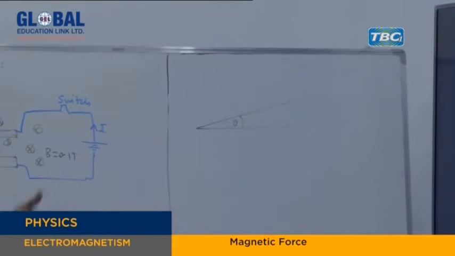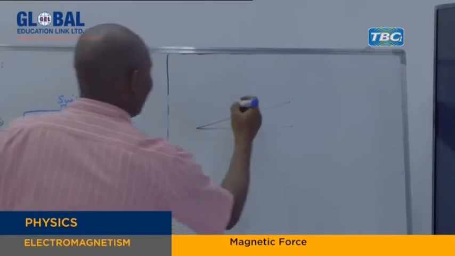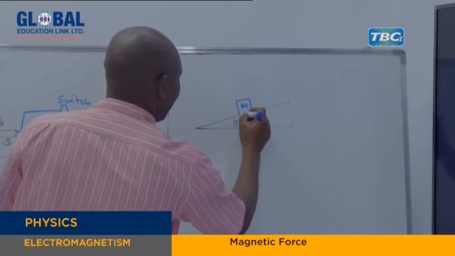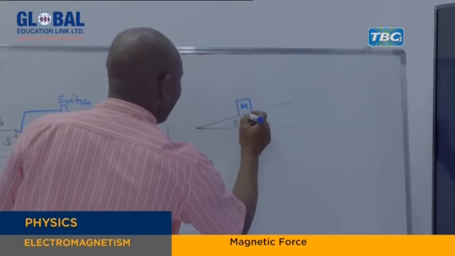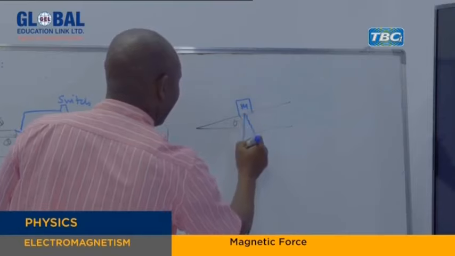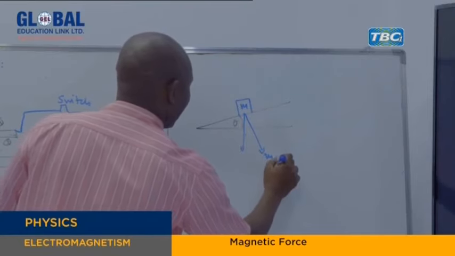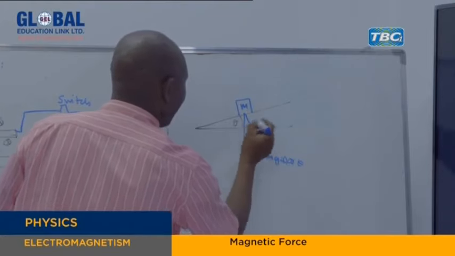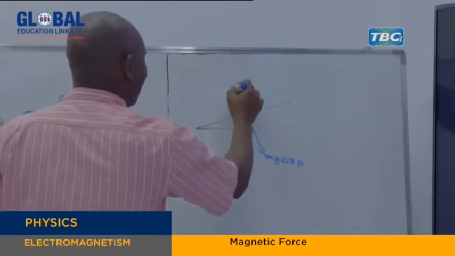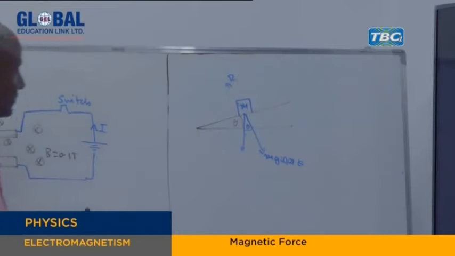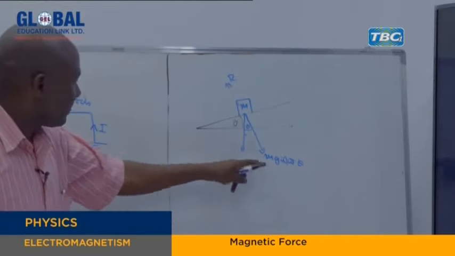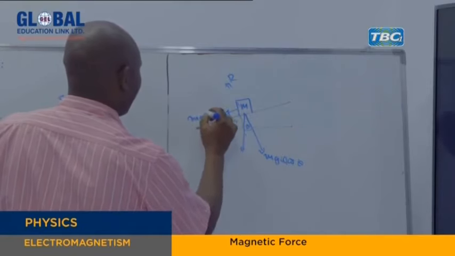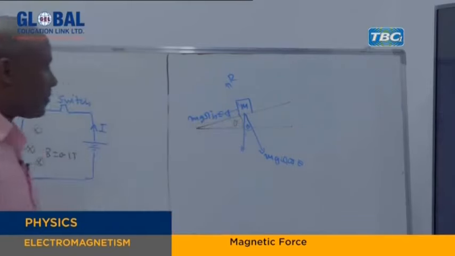We had an object of mass M resting on an inclined plane. This component is mg cos theta, and we know that's the reaction R, and this one is mg sine theta. So these are the components of the weight.